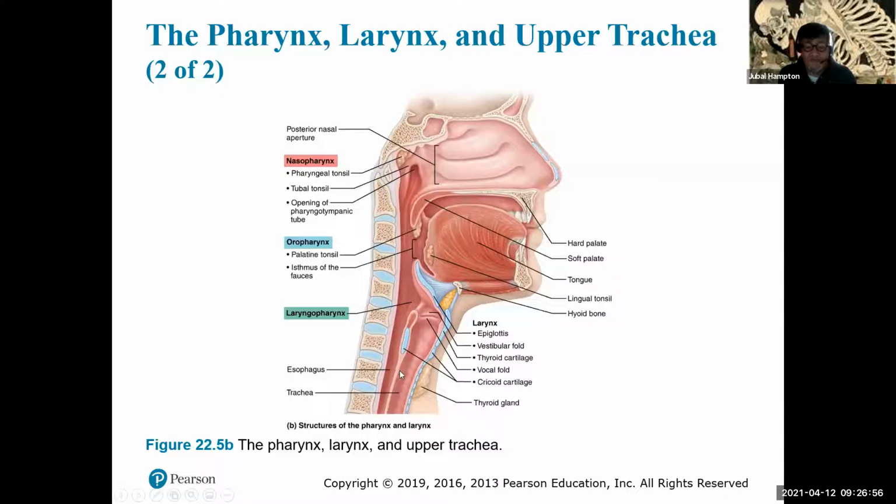This is going to compress the trachea. If the trachea were composed the same as the esophagus, that means every time you swallowed food, it would close off your airway as it traveled inferior. This is not a desirable result.